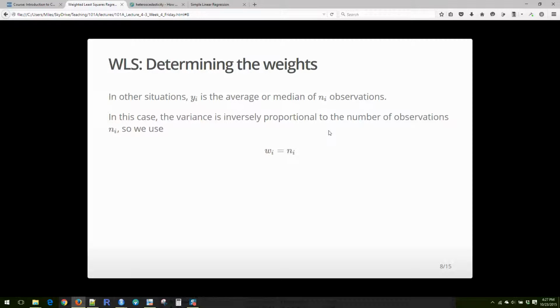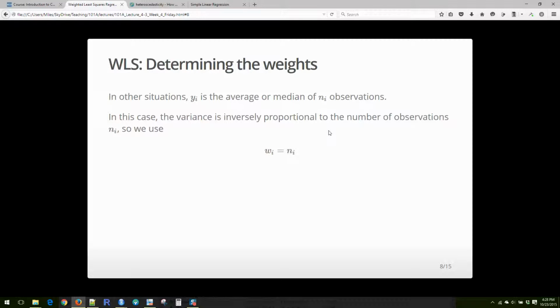So as n increases, the variance is inversely proportional to n, which is in the denominator there. So as your sample size increases, the variance of that mean term decreases with n.